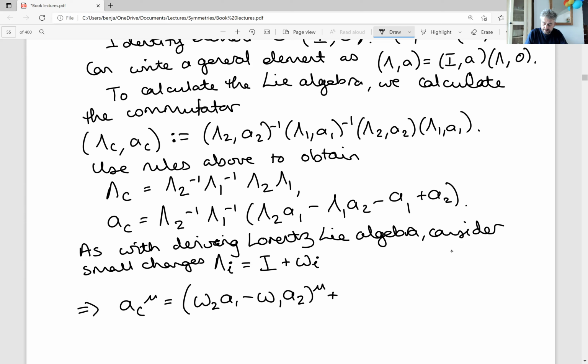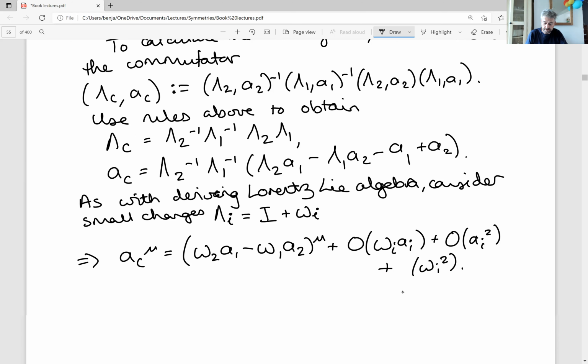These are terms of order omega_i a_i, where the indices are the same, and order a_i squared and order omega_i squared. The only terms we're really interested in are omega_i a_j, where i and j are different.